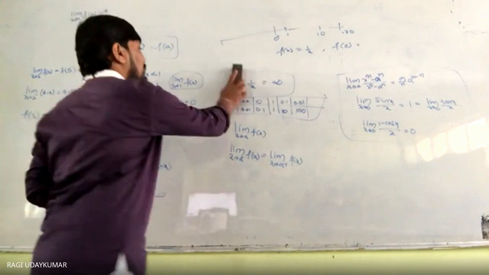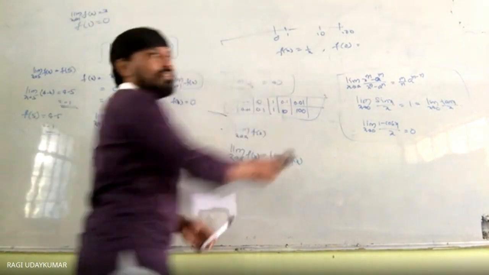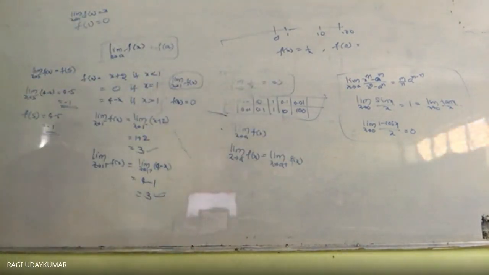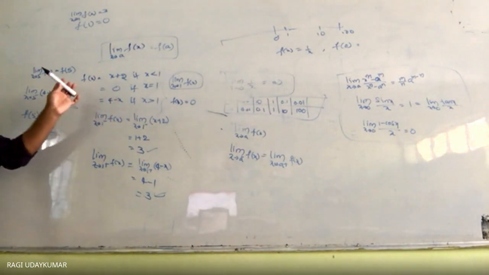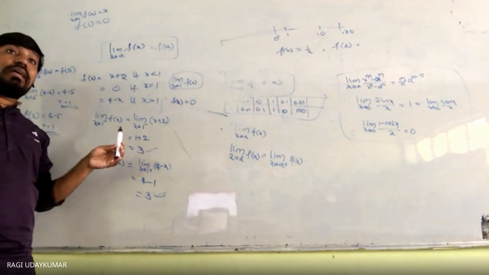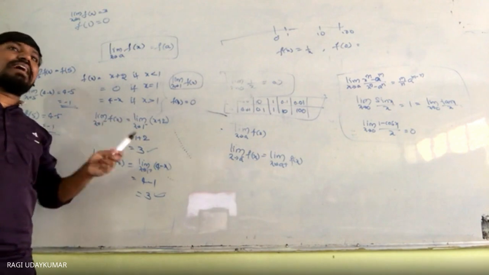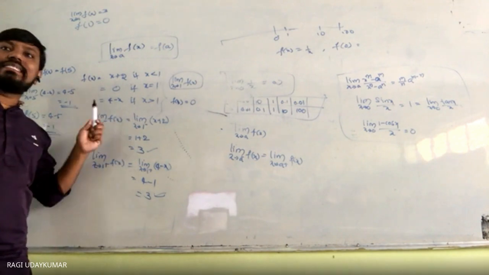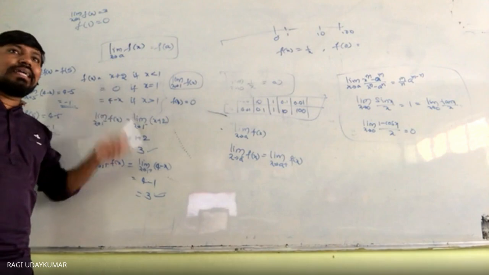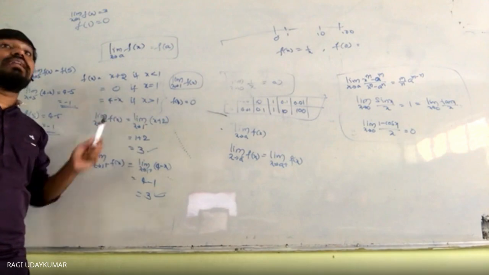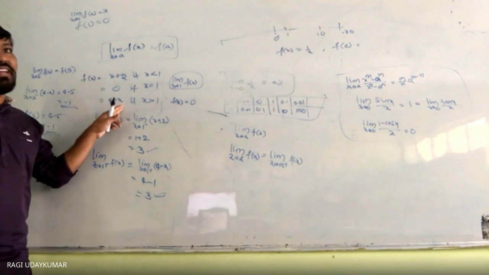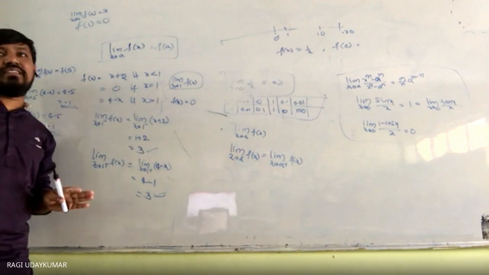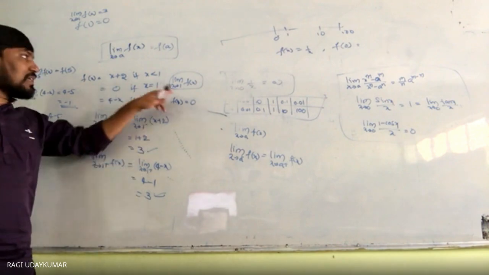And you can see here, one thing to remember: whenever you are taking this function, it is continuous at every point other than 1. So it is discontinuous at x equal to 1. When the function given is 4 minus x, it is continuous everywhere, including at x equal to 1.